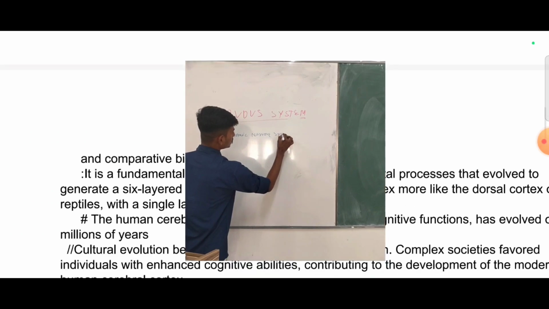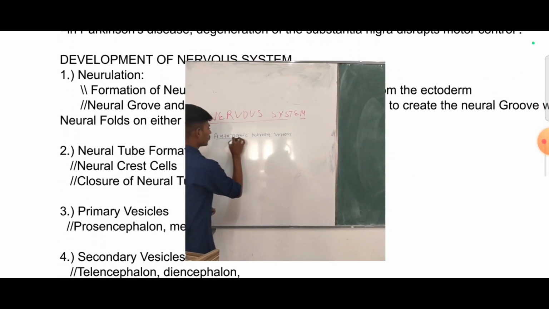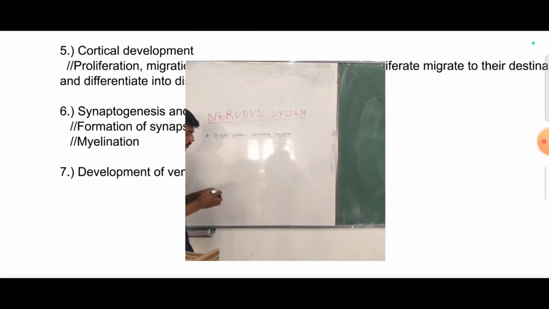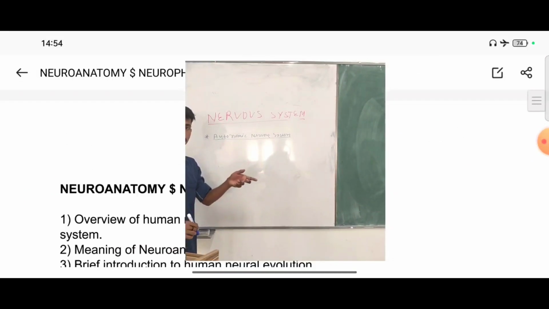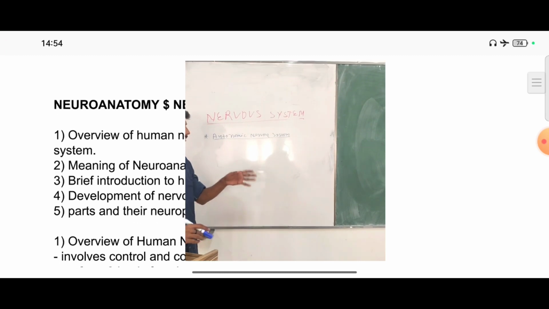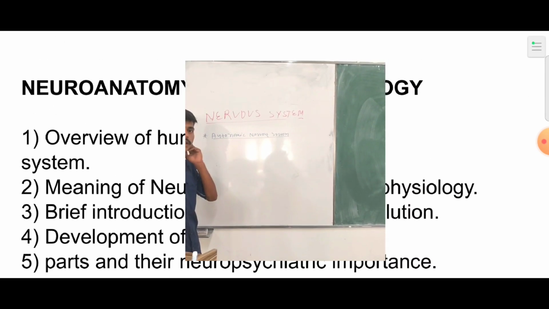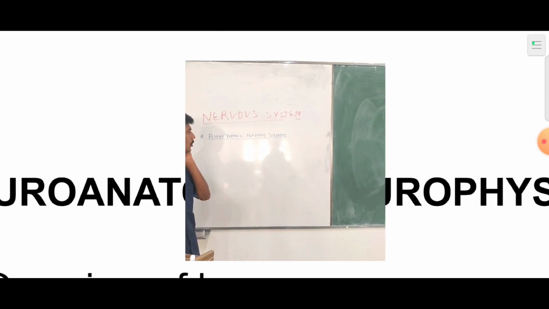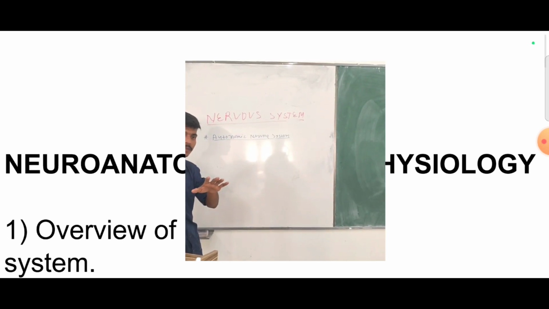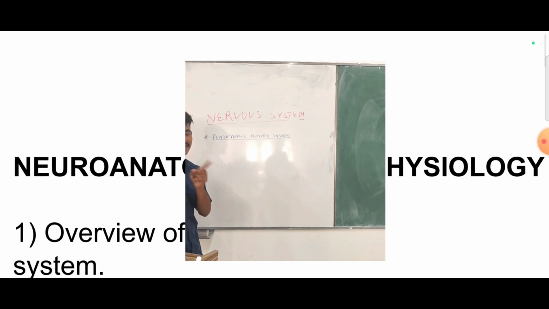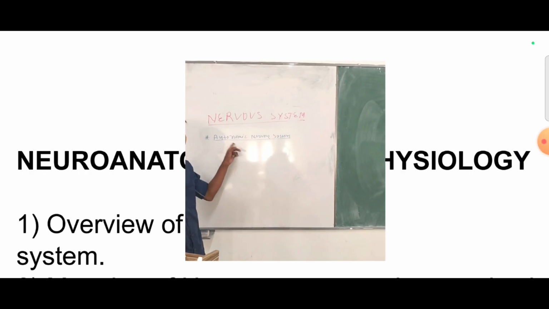First I will define it, then I will tell you the one-word definition. The autonomic, as the name suggests, is the self-driving system of the nervous system. In the autonomic nervous system, except for the skeletal system, they control everything.